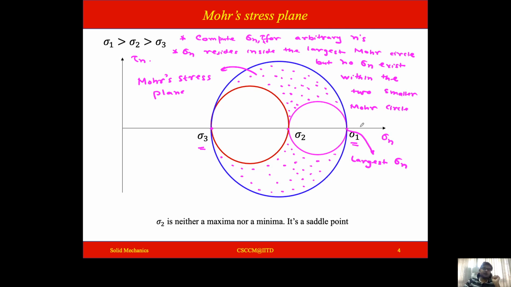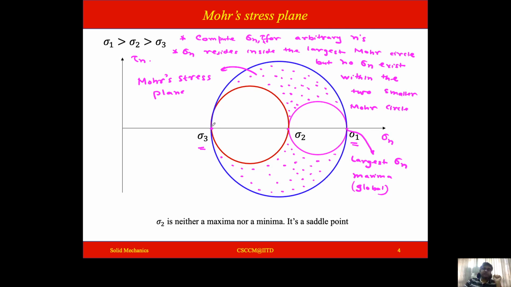So this is basically my maxima. This is the global maxima actually. Throughout this stress plane, you will not find another sigma which is bigger than this sigma 1.